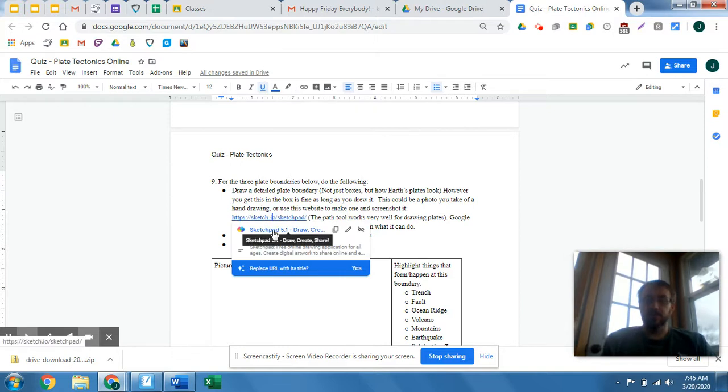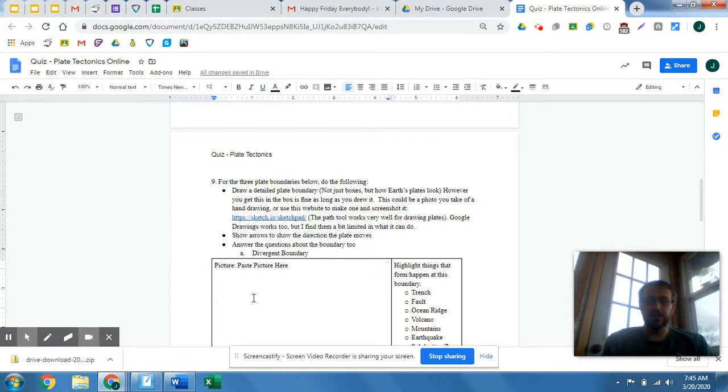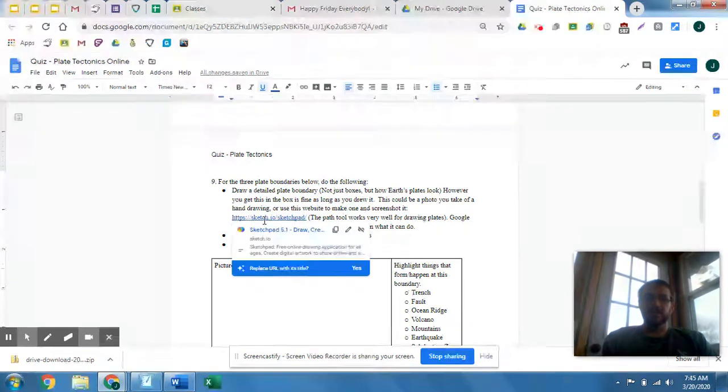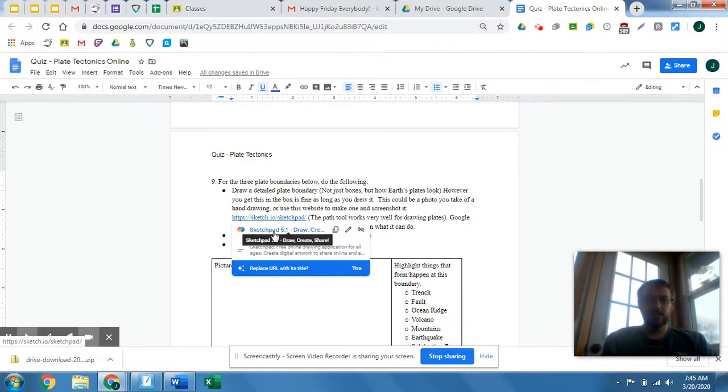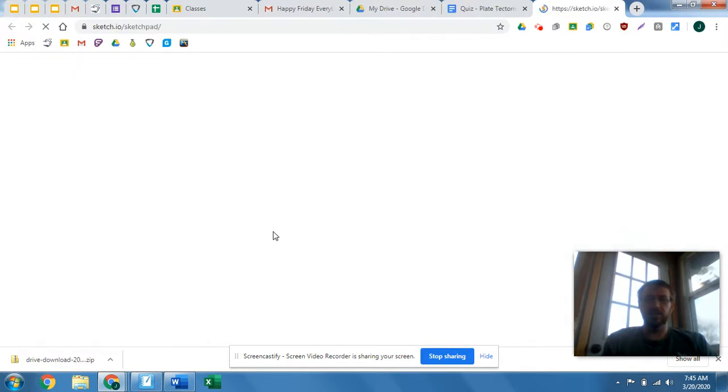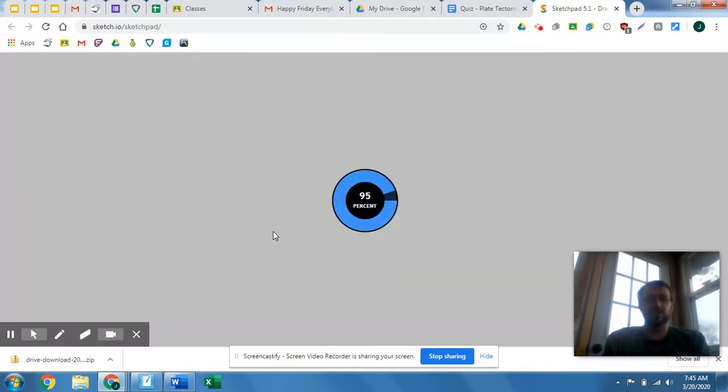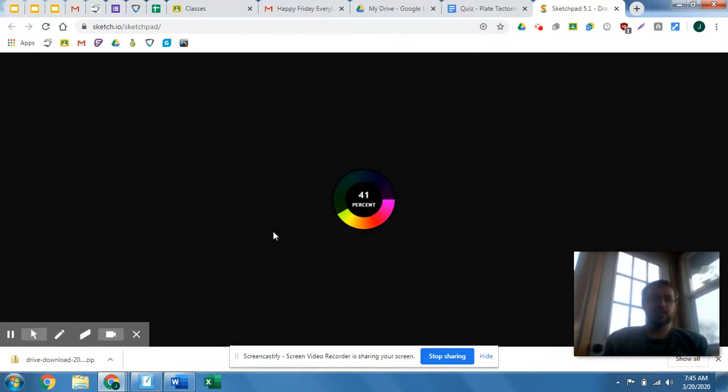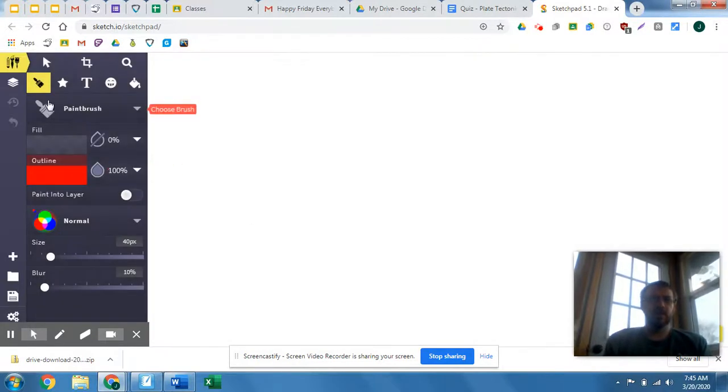However you get the picture in this box, I don't care. If that is taking a picture of one that you hand draw, perfect. If it is using Google Drawings, or this one that I found today, which has a little bit more features than Google Drawings, called Sketch.io, Sketchpad.